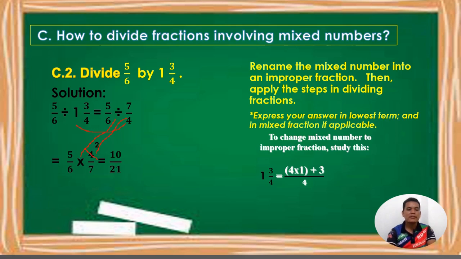And then 6 divided by 2 equals 3. Proceed to multiplication. 5 times 2 equals 10. Then 3 times 7 equals 21. The answer here is 10/21.